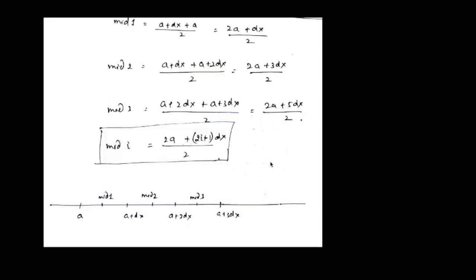But they are not giving the values actually. For mid 1, it is giving 3 dx, mid 2 5 dx. It is giving the next value. It should be 2 bracket i minus 1. No. See, the point is, don't go on the sheet right now because I made some changes. I have written the program, which I'm going to show you now, that takes values from 0 to n minus 1.